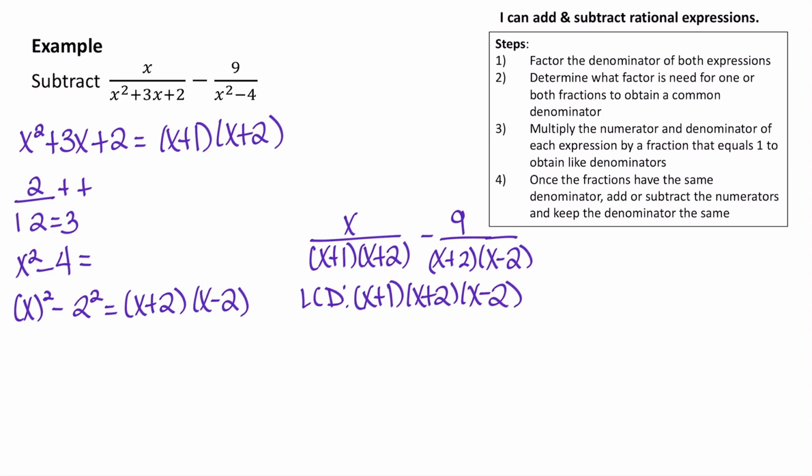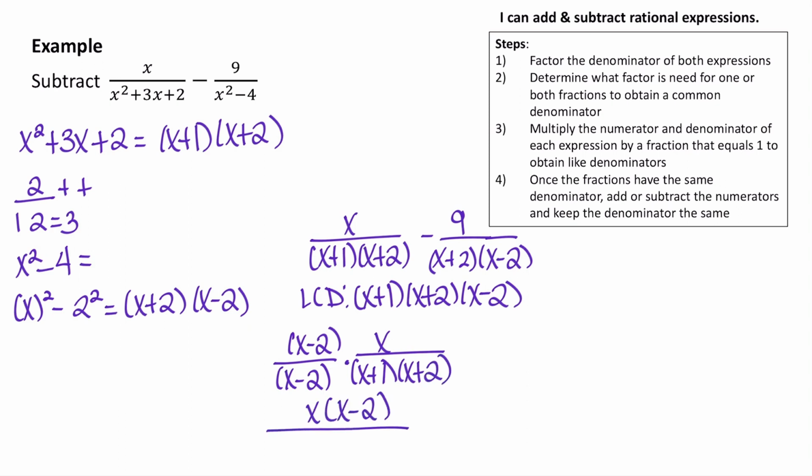So to obtain that on the first fraction, I need to multiply by the missing factor, right? So I'm going to multiply by x minus 2 over x minus 2. And so we have that over x plus 1, x plus 2. And so that gives us x times x minus 2 over x minus 2 times x plus 1 times x plus 2.